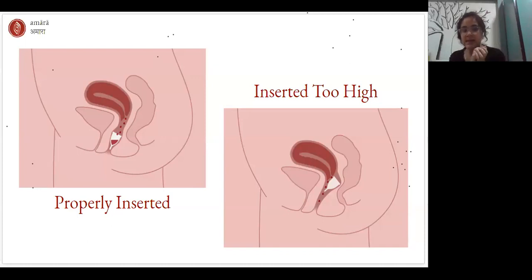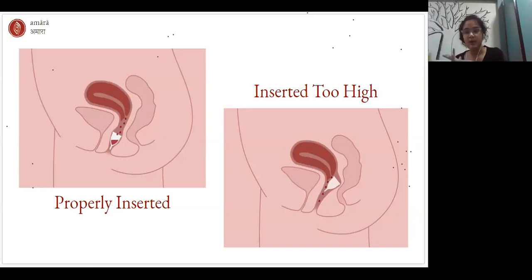Okay, so someone has asked, can young girls use the cup? We have helped girls, I think the youngest is 14, to use it. Now, this depends a little bit on the person themselves. Some people find it very, very easy to use. Medically speaking, or in terms of your body, there is no harm in using the cup.